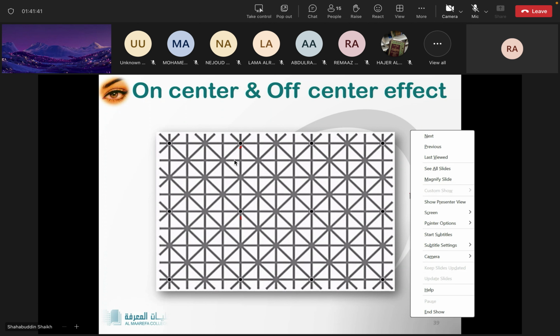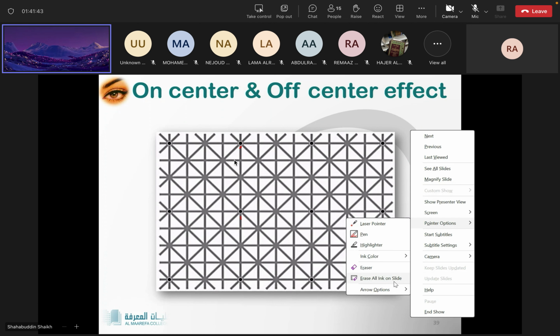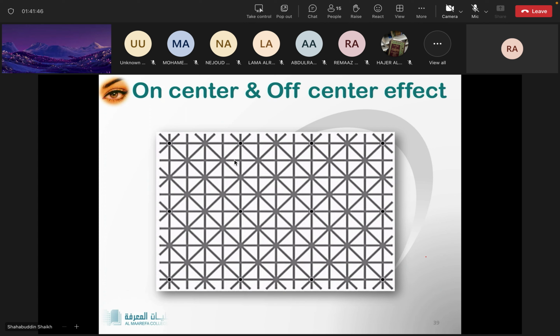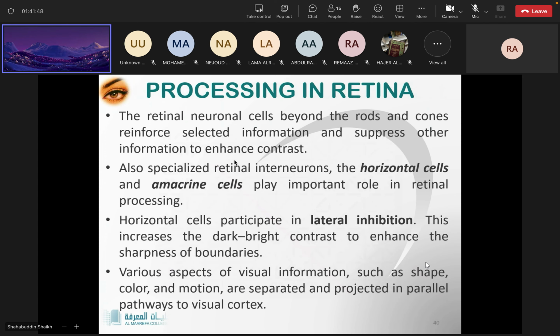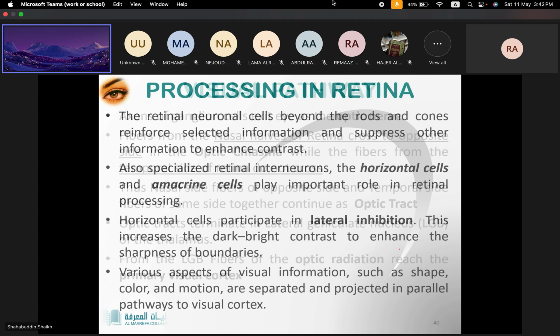This is how processing in the retina occurs. This processing occurs because of the horizontal cells and amacrine cells. They primarily cause surrounding inhibition, inhibiting the surrounding cells. This is called lateral inhibition. Let us go ahead.